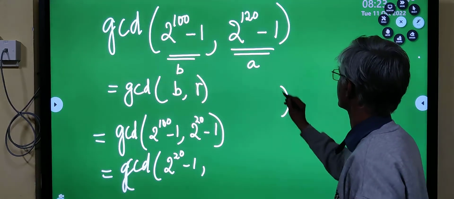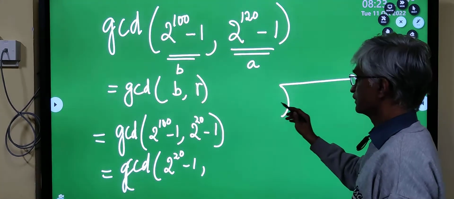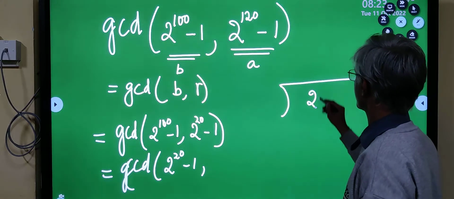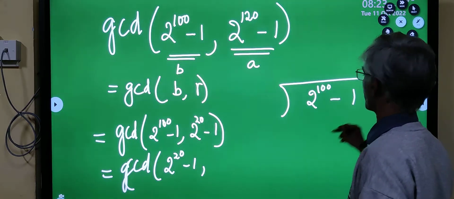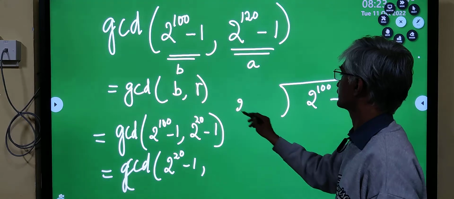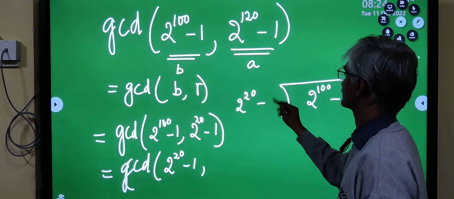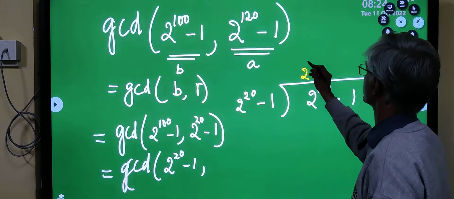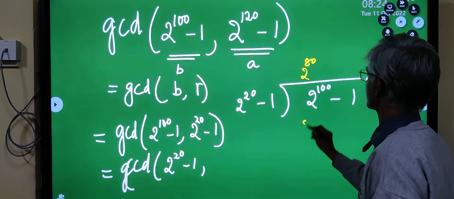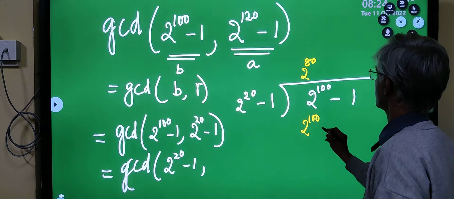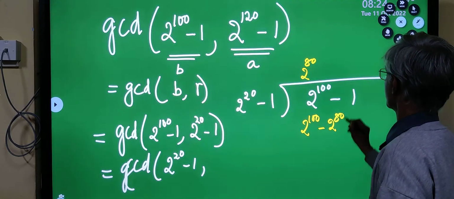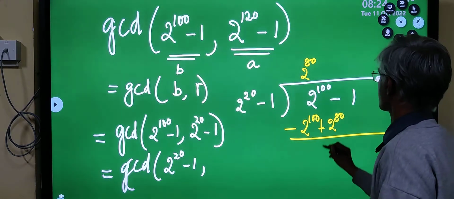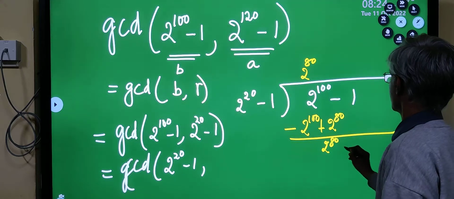So let's try to do that. This is 2 raised to 100 minus 1 divided by 2 raised to 20 minus 1. So let me try this. This is 2 raised to 80. So this will give me 2 raised to 100 minus 2 raised to 80, plus 2 raised to 80 minus 1.